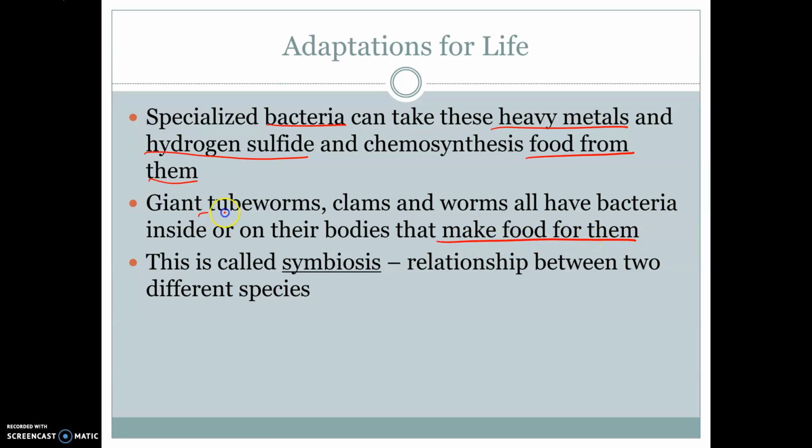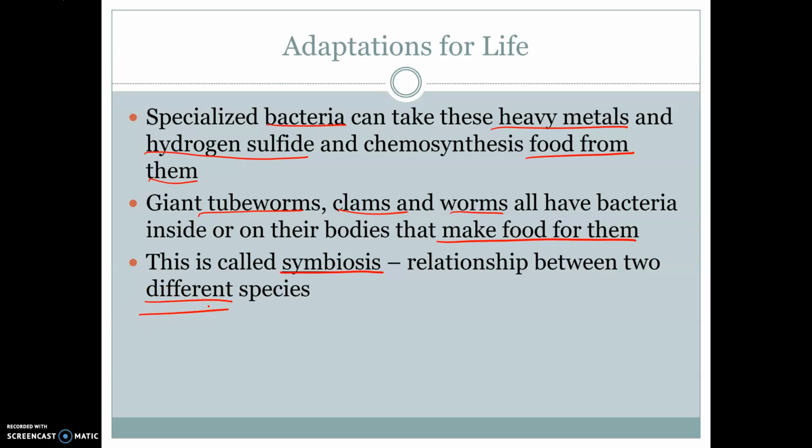So organisms like tube worms, clams, and other types of worms are going to use these bacteria in a beneficial way. We see a lot of these different types of relationships on land and in the ocean. It's called symbiosis. Symbiosis is a relationship between two different species.